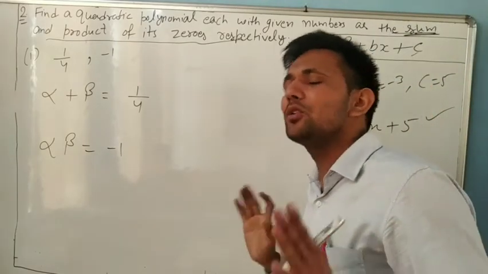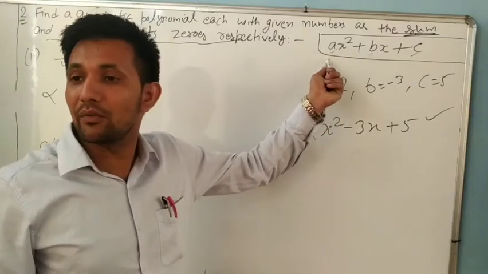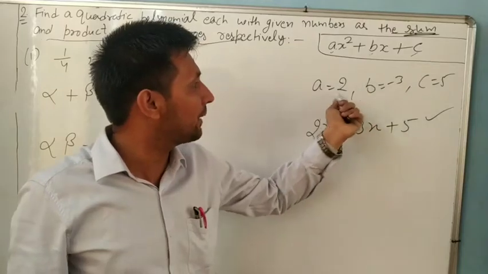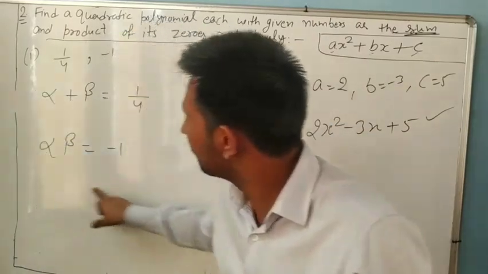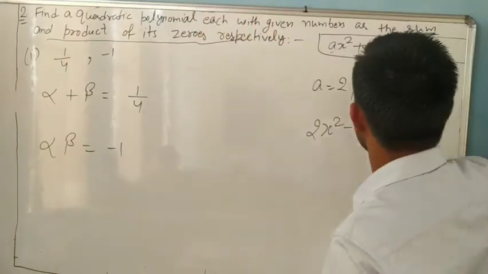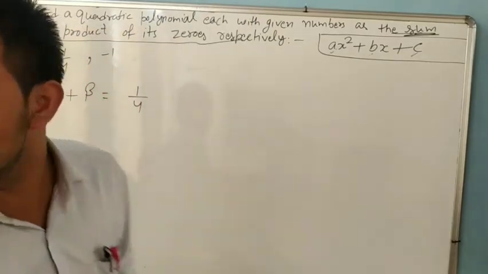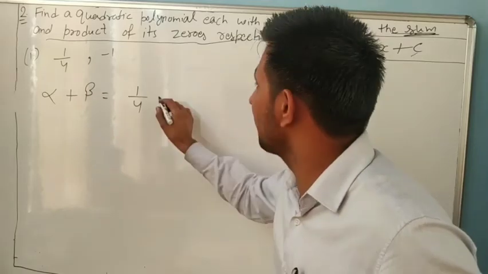Understand it? Because what is a quadratic polynomial? We should know the coefficient of x square, the coefficient of x, and the constant term. If A, B, C are known, it is a quadratic polynomial. So by using them, we will find A, B, C. Now look, everyone. Alpha plus beta is 1 by 4.